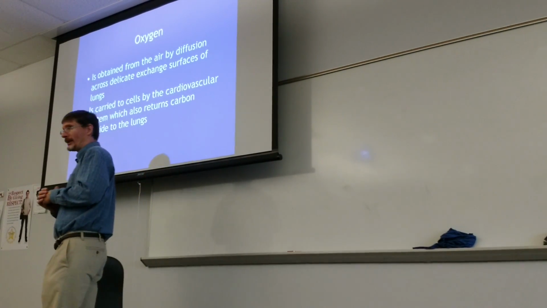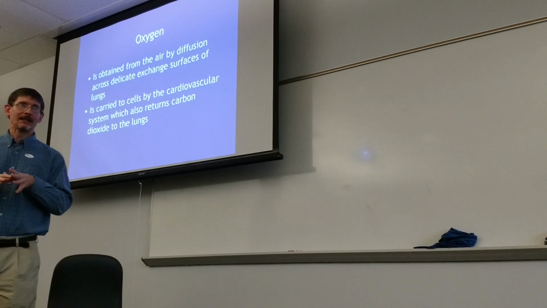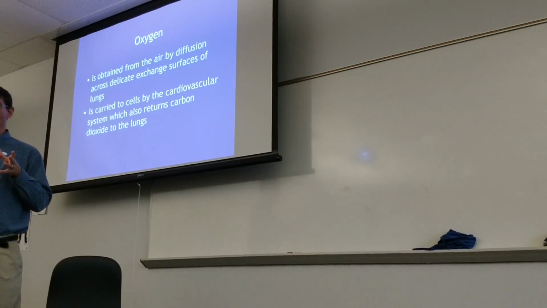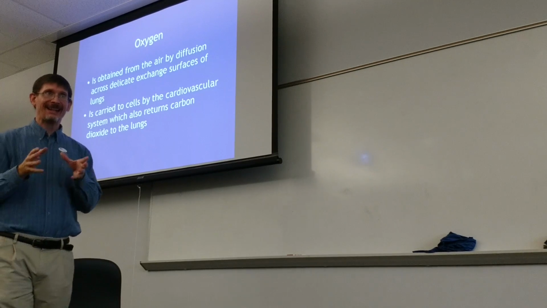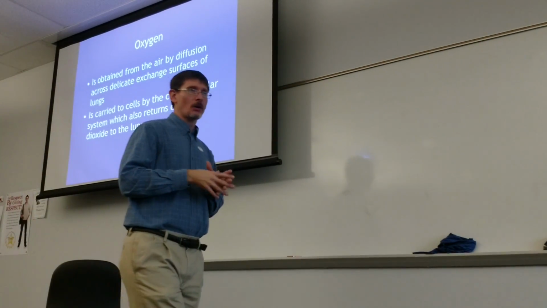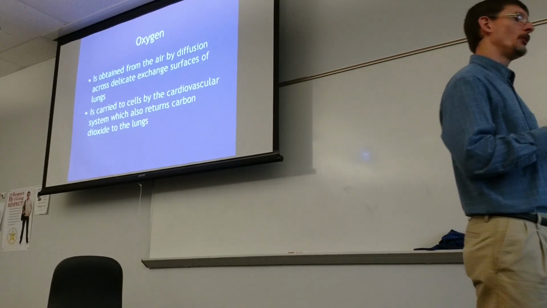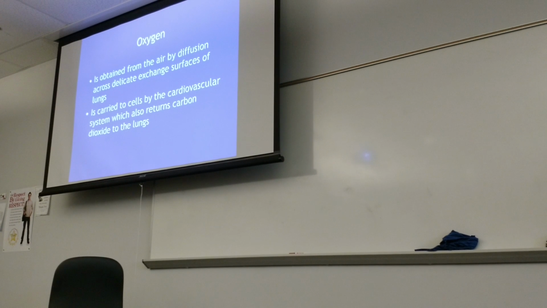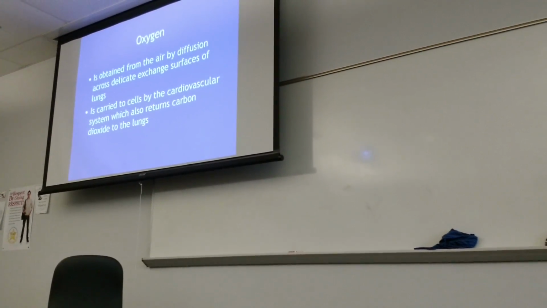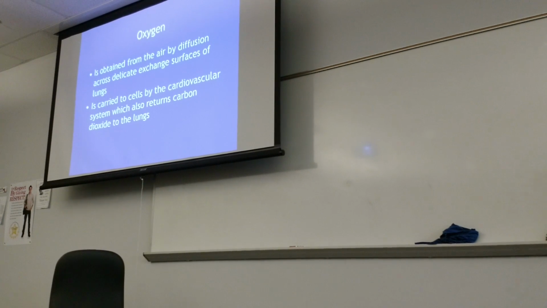Now, the interesting thing about oxygen is that we are definitely going to think about wanting to move it from place to place, but it turns out that at no point in the body can we actually drag it or push it or pull it anywhere. We are going to see the movement of oxygen primarily through diffusion. The idea is that we have to diffuse the oxygen from the air through the membranes of the lung into the blood.